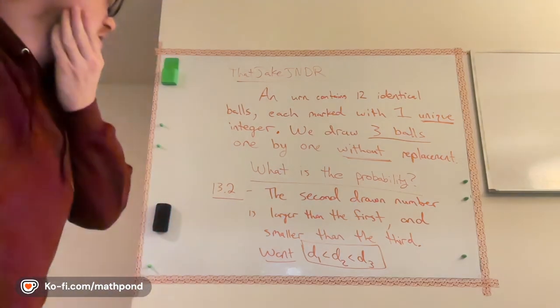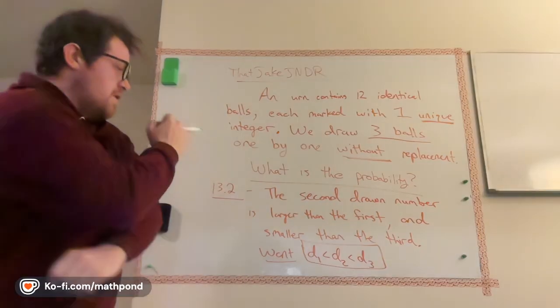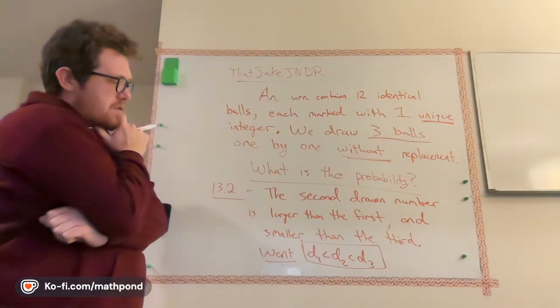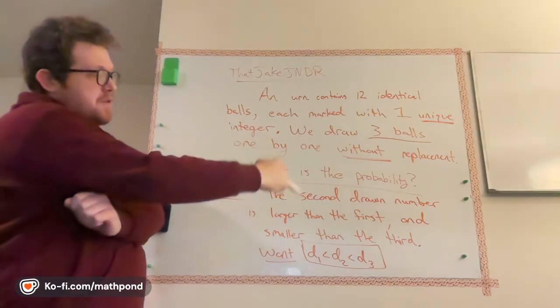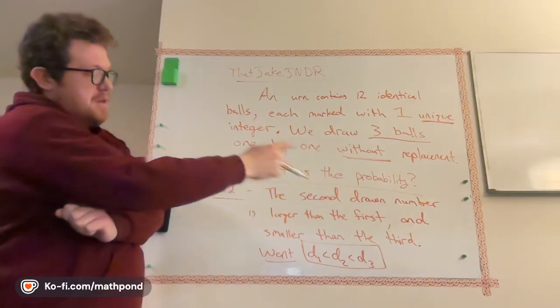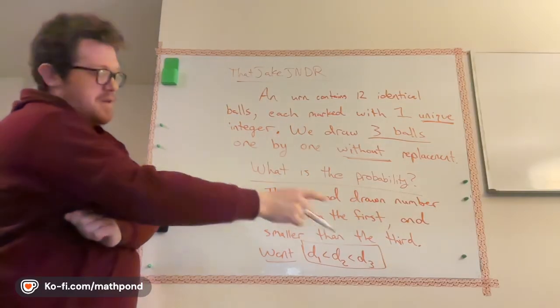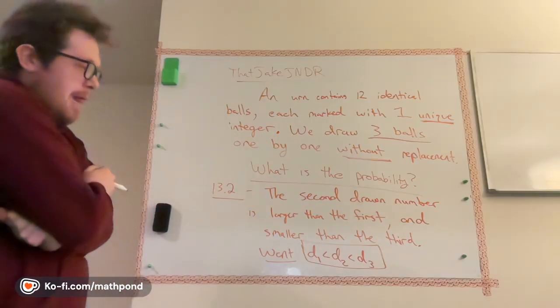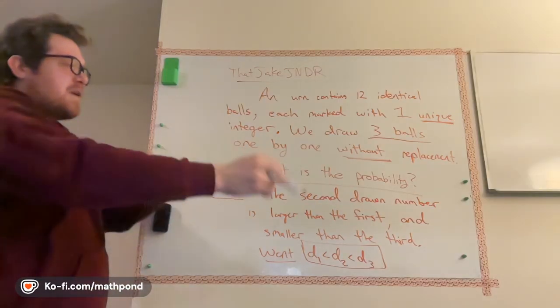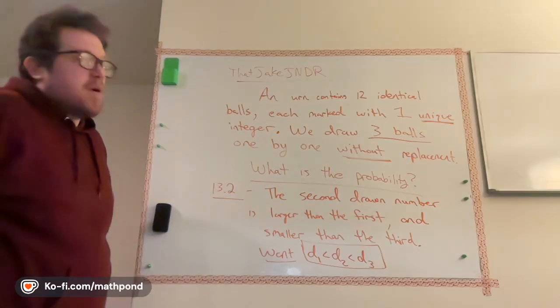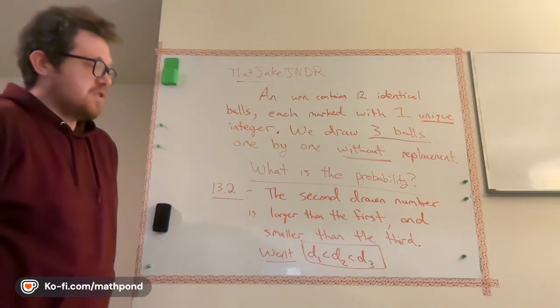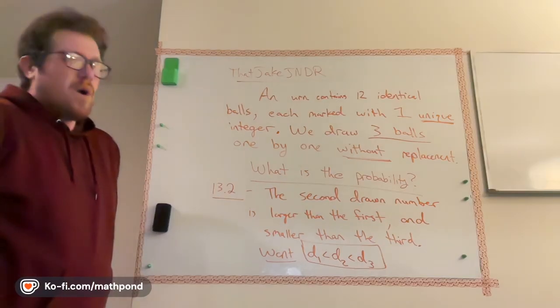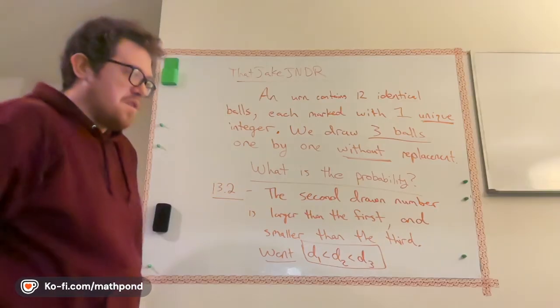Okay, yeah, so there's 6 permutations that these 3 numbers can be in, right? D1, D2, D3, or D2, D1, D3, or D3, D1, D2, etc. So if we pick them randomly, we'll get one of those 6 permutations, and it should be uniformly random, because there's no one permutation that's favored more than the other.